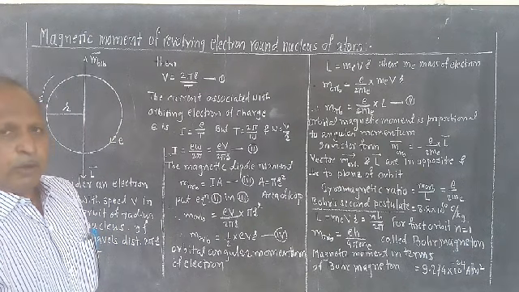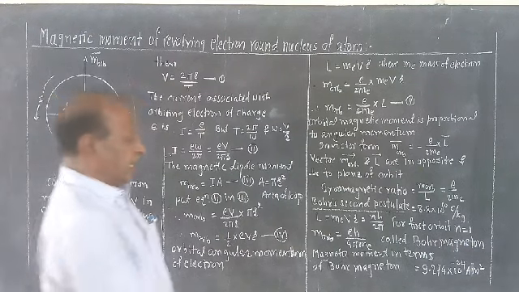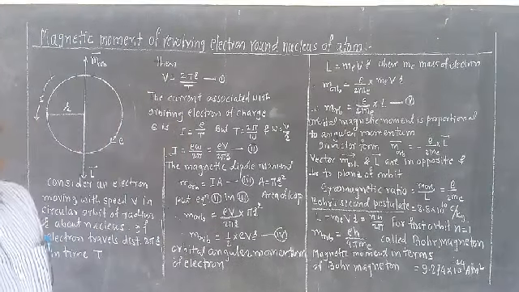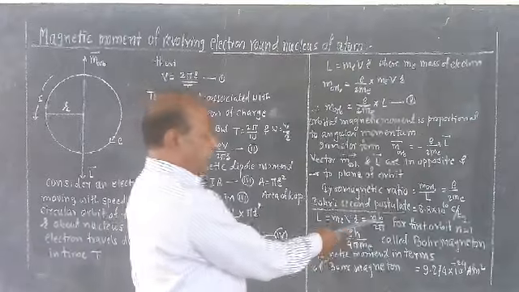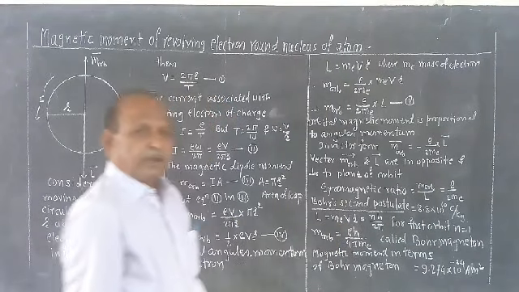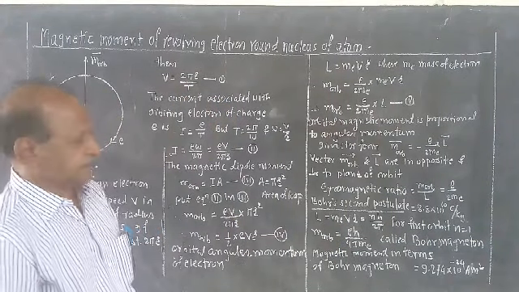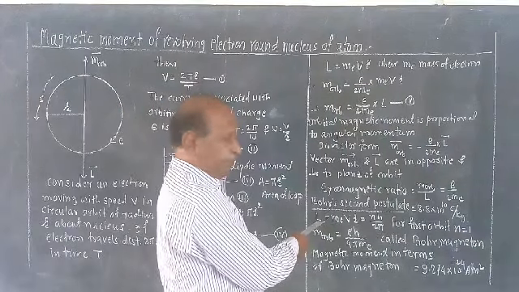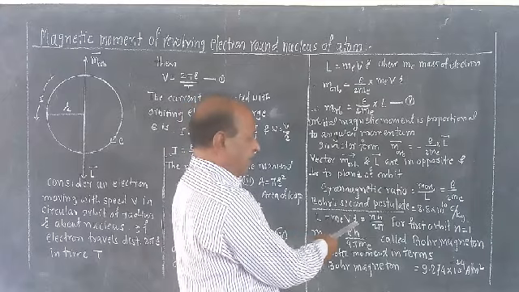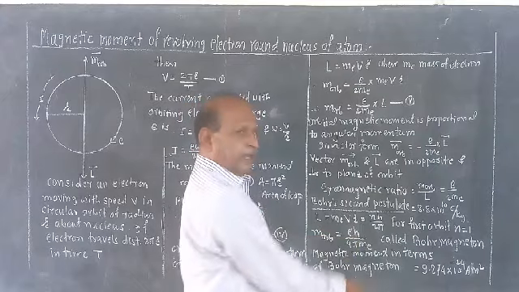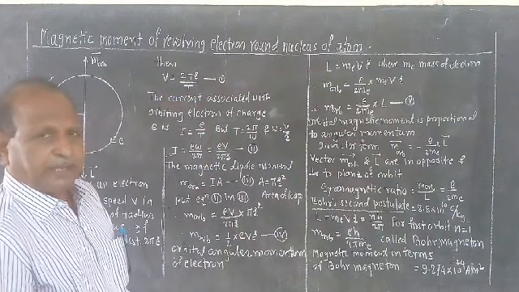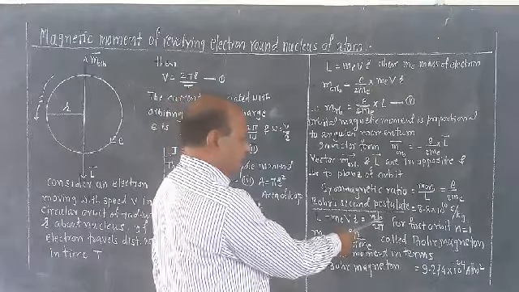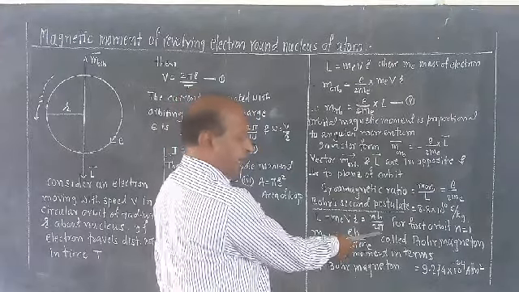Now from Bohr's second postulate, angular momentum of electron is an integral multiple of h divided by 2 pi. So L, that is m e v r, is equal to n h upon 2 pi. If we consider the first orbit, then n is equal to 1, and that becomes h divided by 2 pi.